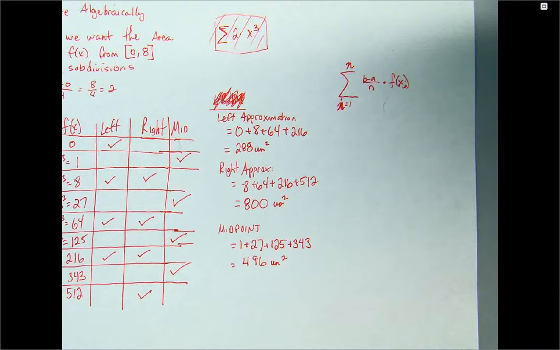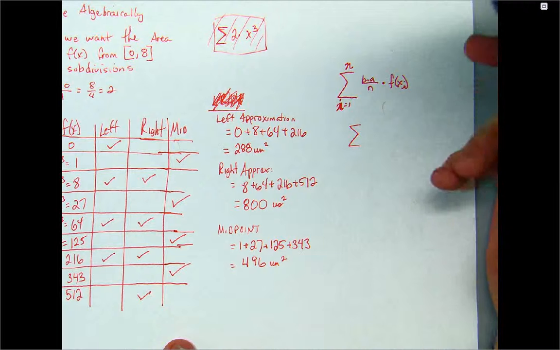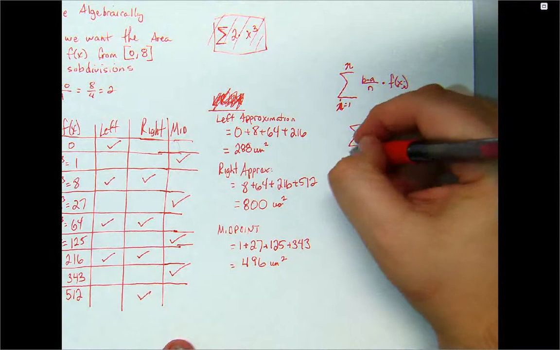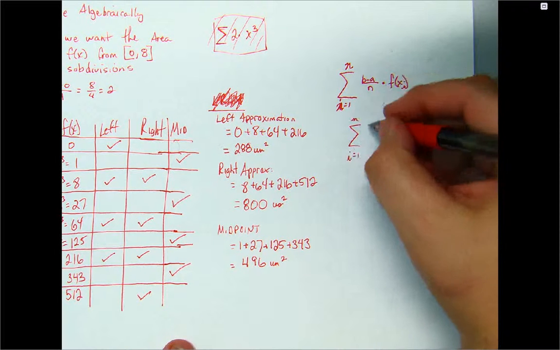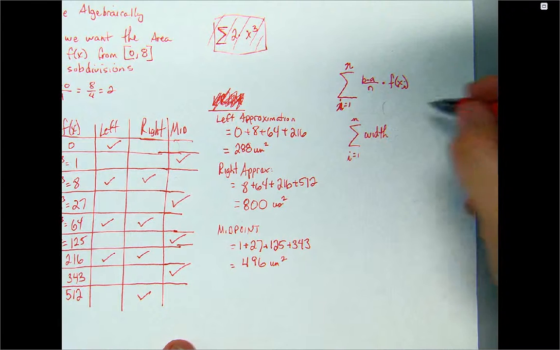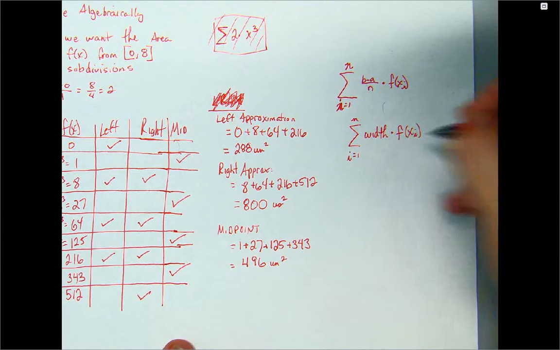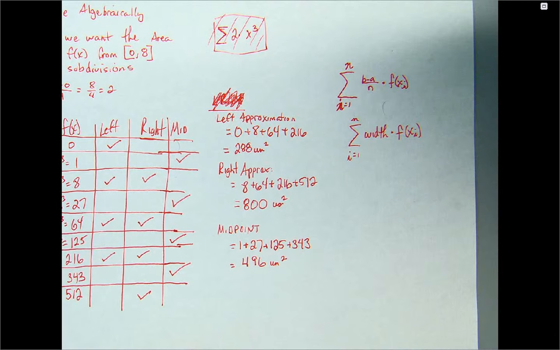That's one way to think about it. Another way to think about it is the summation from i equals 1 to n of the width times f of x sub i, where, depending on if it's the left or the right, it uses a different x.